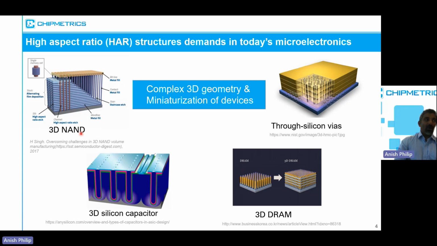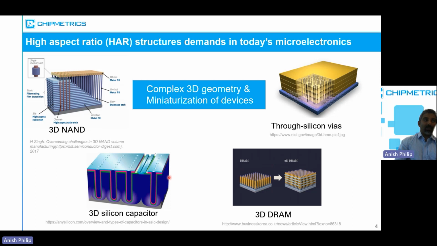For example, all the microelectronic devices like 3D NAND or silicon vias, 3D DRAM or 3D silicon capacitor, all of them have these types of 3D geometries, and they have these whole structures, and it is very tedious to do the process monitoring in these types of three-dimensional structures.